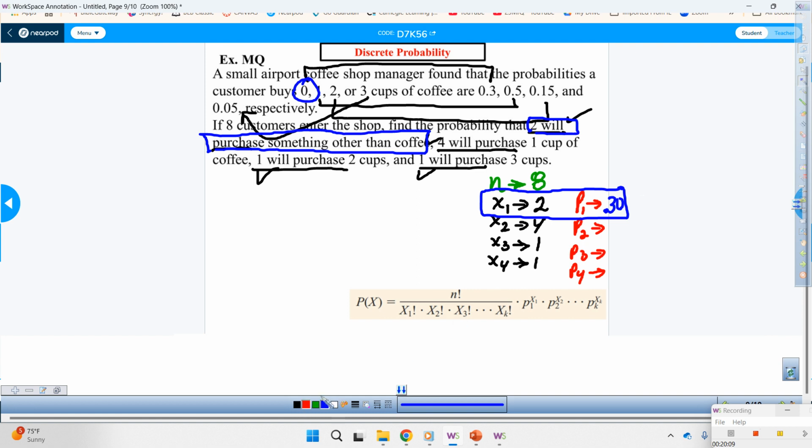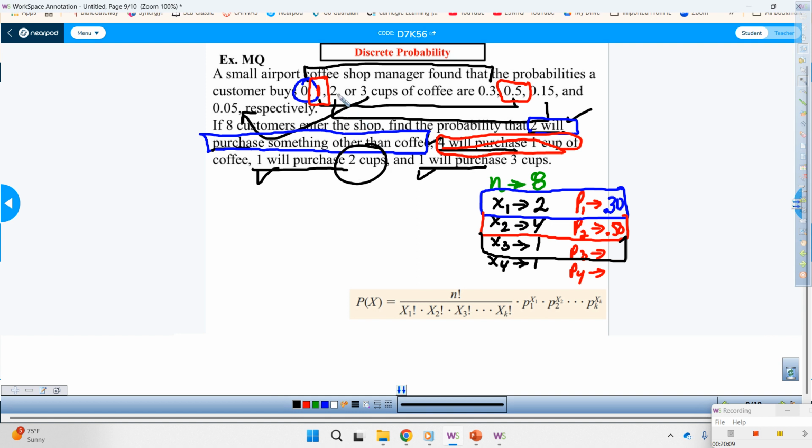Let's go to the next one. 4 will purchase 1 cup. What does 1 cup correspond to? What's its percentage, everyone? 1 cup corresponds to 0.5 or 0.50. Next. 1 will purchase 2 cups.